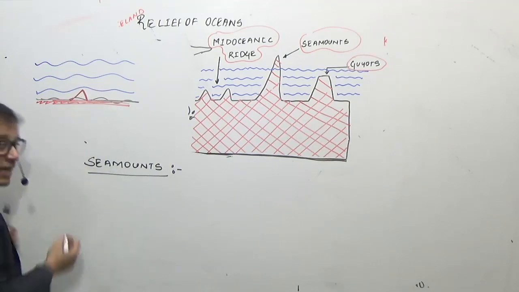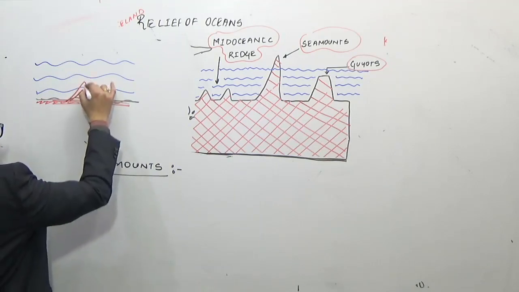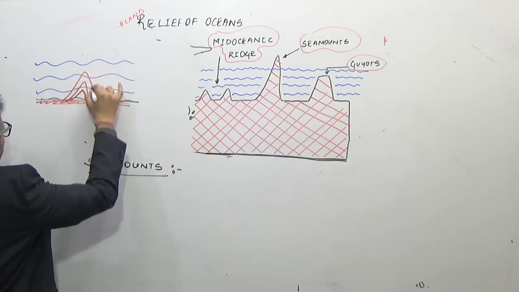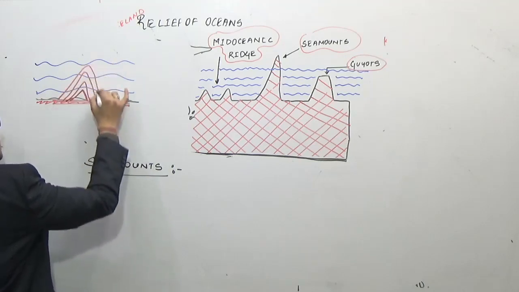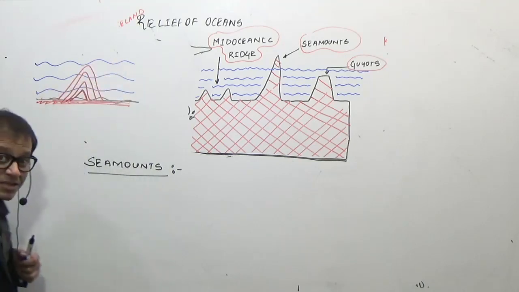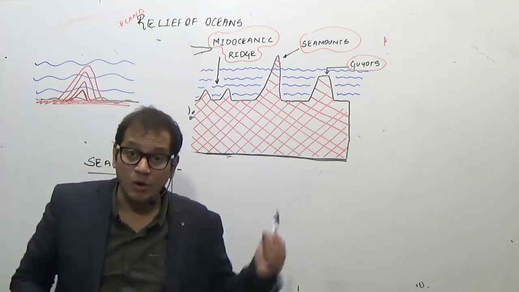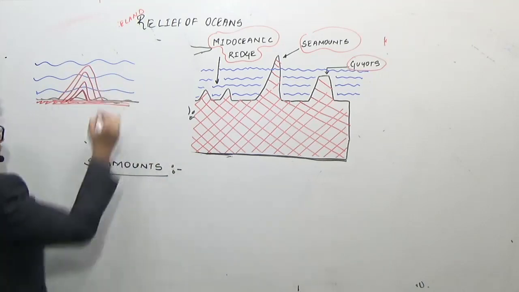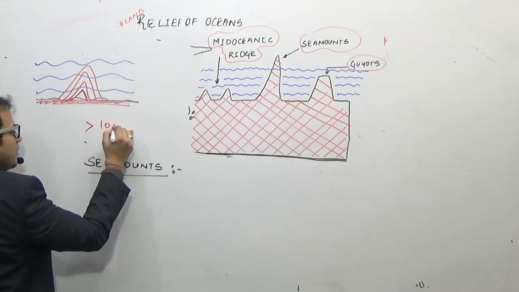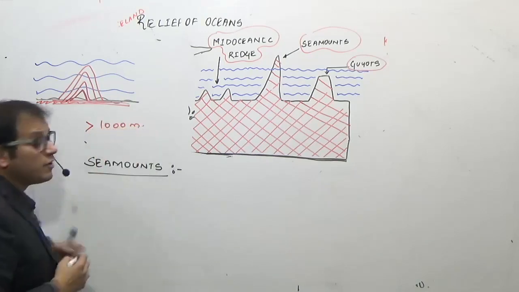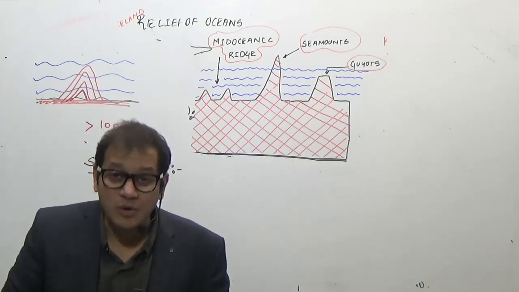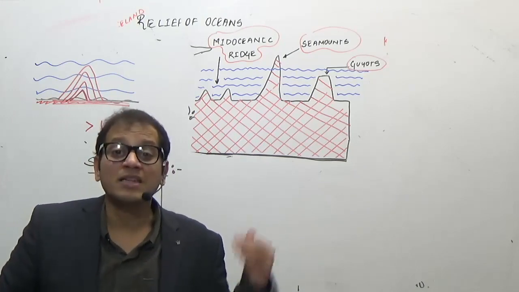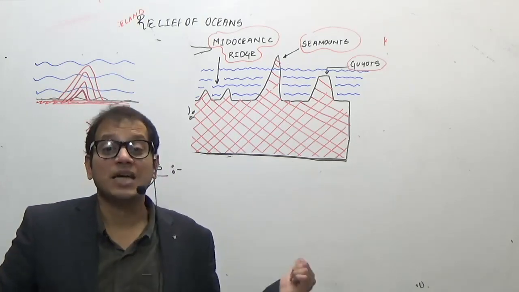Over a period of time, again one more volcanic eruption, again a volcanic eruption. So sometimes the height of this volcanic mountain becomes greater than 1000 meters. When the height of these isolated volcanic mountains exceeds 1000 meters, they are known as seamounts.